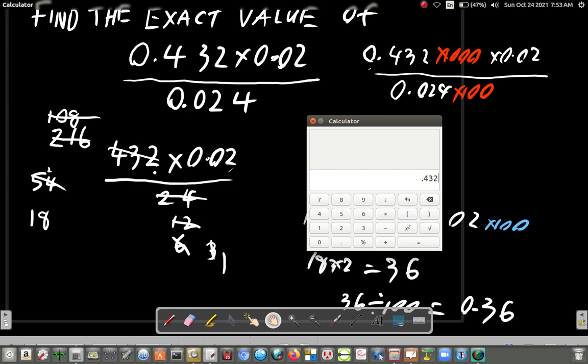It builds up your calculation skills. We multiply 0.432 by 0.02, and then divide by 0.024, and what we get is 0.36. We get the same 0.36.